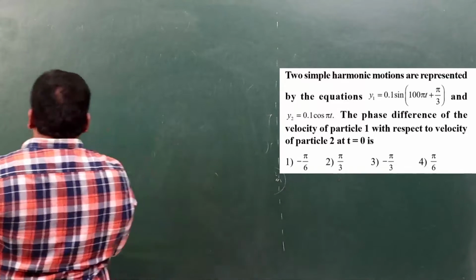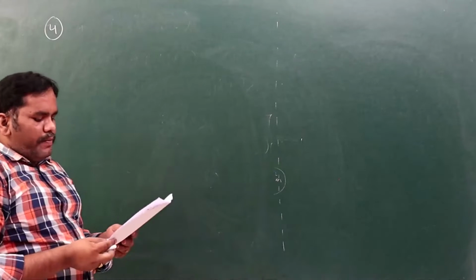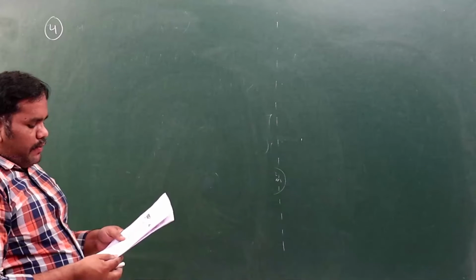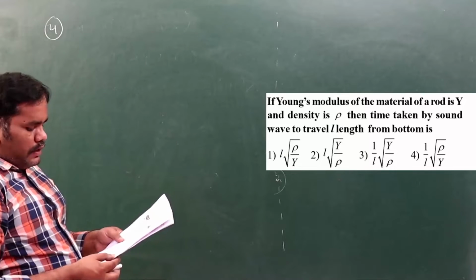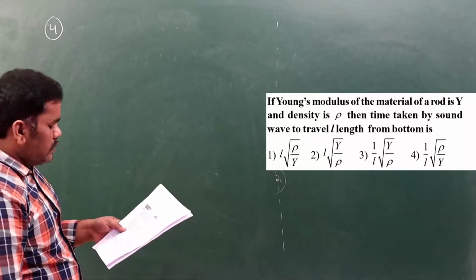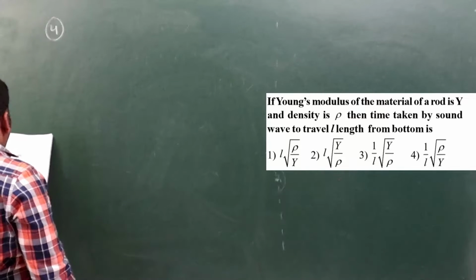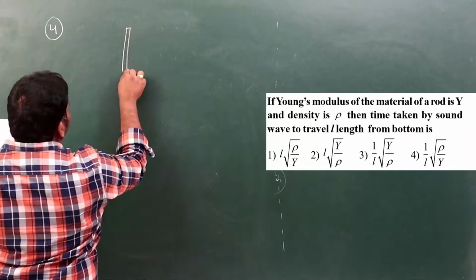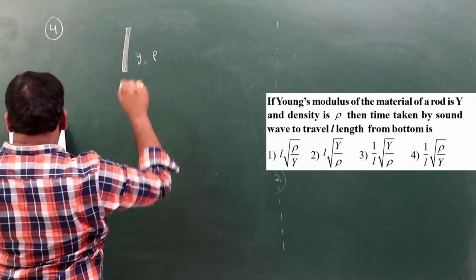Next, question number 4. If the Young's modulus of the material of a rod is y and its density is rho, the time taken by a sound wave to travel L length from the bottom is, so time t is equal to... Here one rod is given, the Young's modulus is y, density rho.